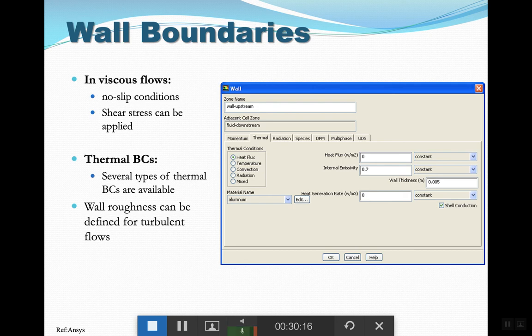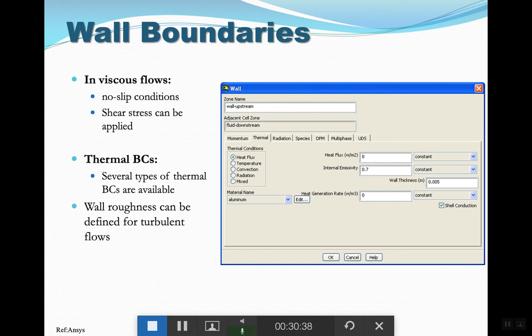The other side of the extreme of the spectrum is the free slip condition. In free slip condition, whatever velocity you have inside the flow would be the same on the wall. In this case, the wall does not slow down your velocity.